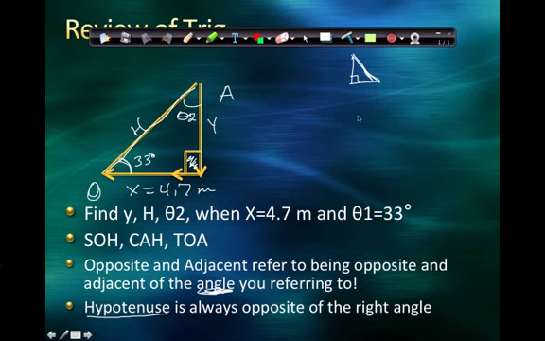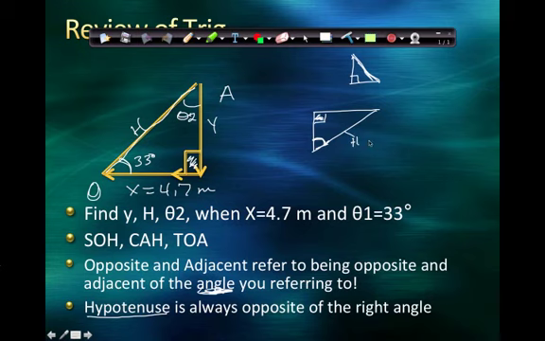So if I have, let's see, this angle. Here's another triangle, and I'm looking at this particular angle of the triangle. Well, first of all, let's identify the hypotenuse. That's the easiest part. This is the right angle right here, so the hypotenuse will never be touching the right angle.